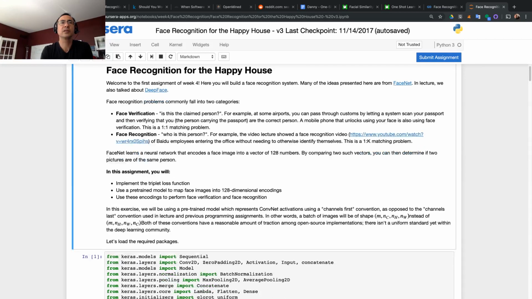Okay. So FaceNet learns a neural network that encodes a face image into a vector of 128 numbers. So basically, if you have, for example, a 36 by 36 pixel image, right? Or you show your face and it's digitized into 36 by 36, times 3 because it's color. And normally it's using a ConvNet, a convolutional neural network.